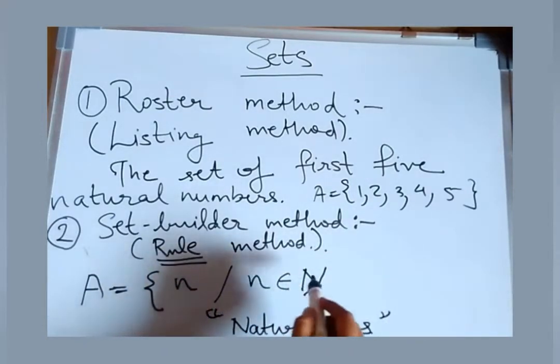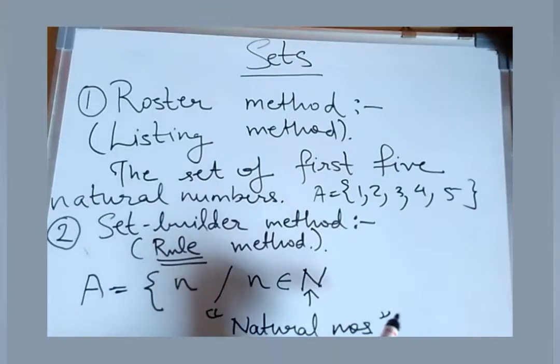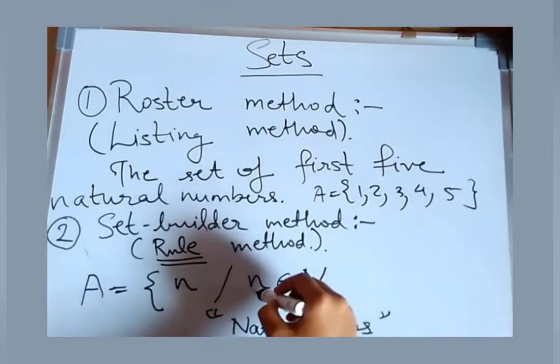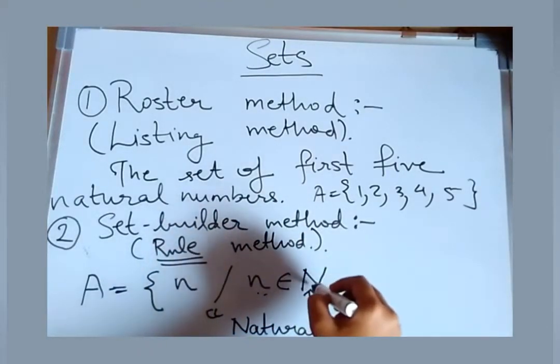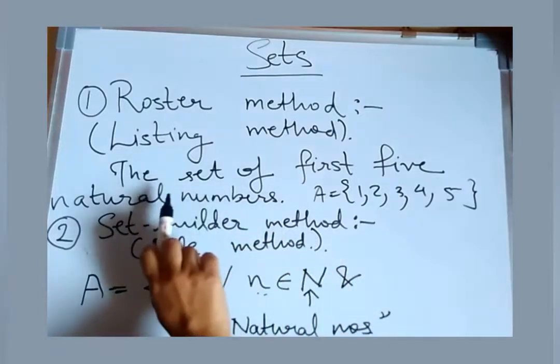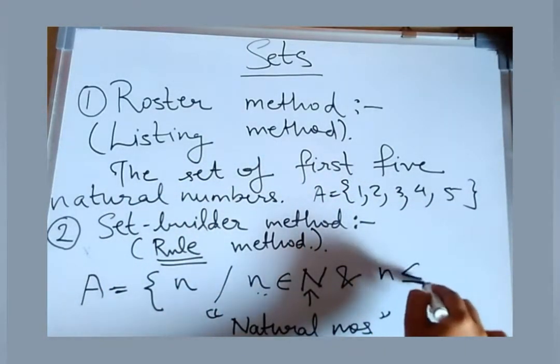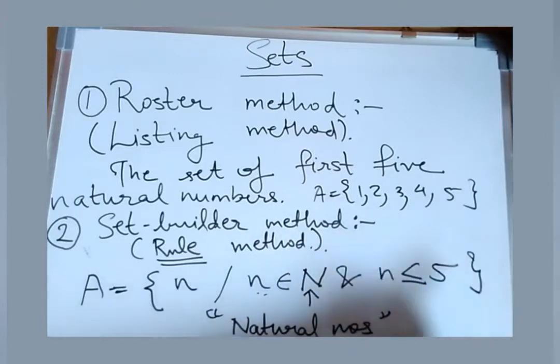This is a fundamental notation used to express the set of all natural numbers. I will write n belongs to N, that means n is an element of capital N, which is the set of natural numbers. And one more thing, for the first 5 I have to stop at 5, so I will restrict n till 5.